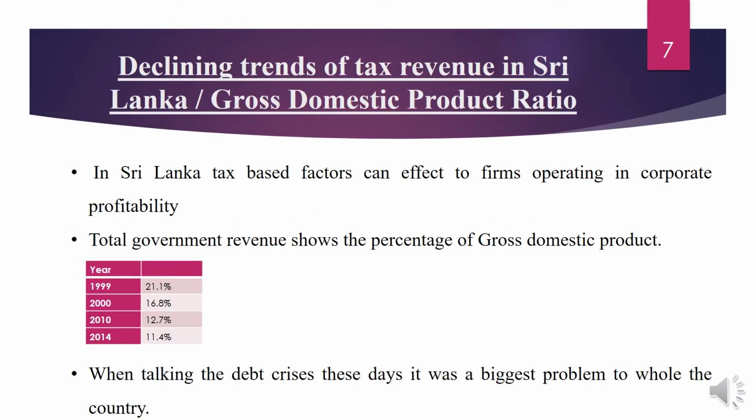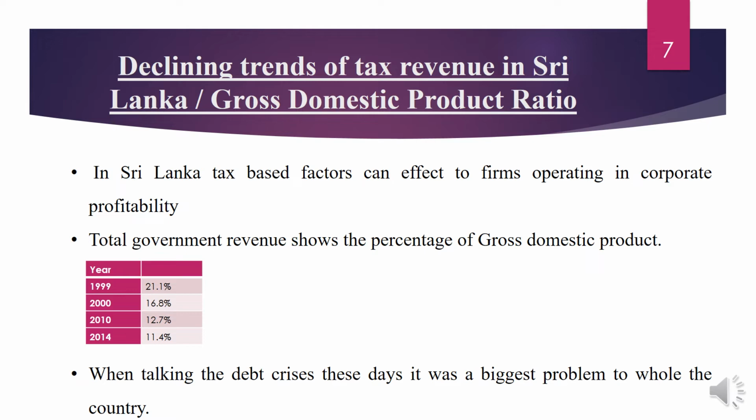Declining trends of tax revenue in Sri Lanka as a ratio of gross domestic product. In developing countries, there have been problems of taxation over the past few years. In Sri Lanka, tax-based factors can affect firms operating in corporate profitability.